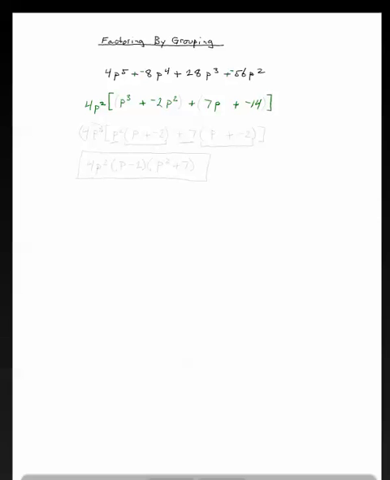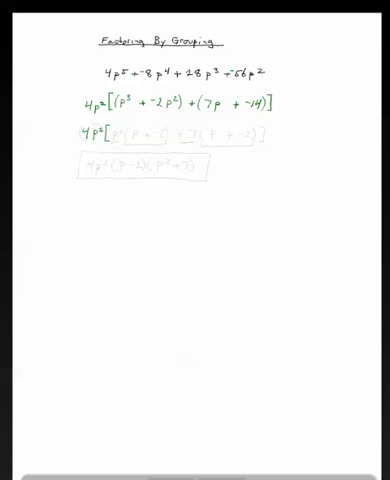Alright, so in that step I have factored out the greatest common factor, and my next step is to take my 4 terms inside the brackets and create 2 binomials. So the first one and the second one. And now I'm going to work on each of these binomials separately, factoring out their greatest common factor. So I still have 4p squared outside, that hasn't changed.